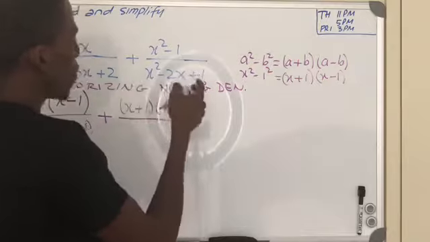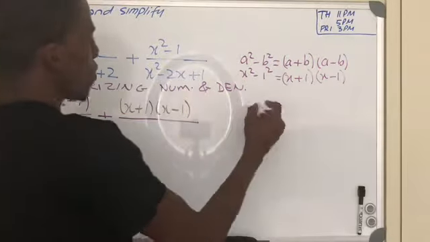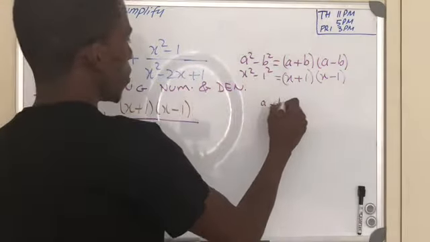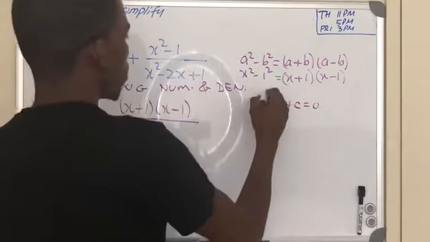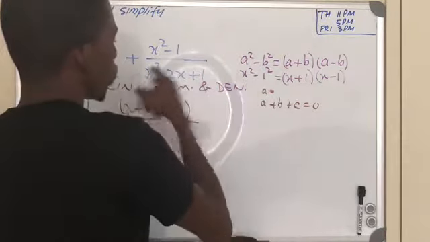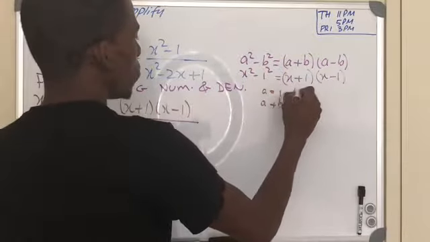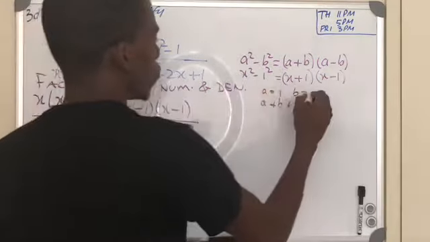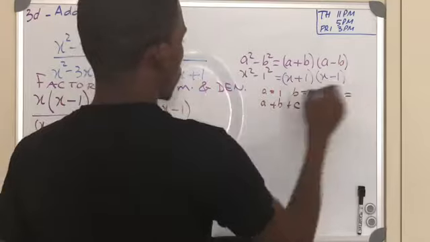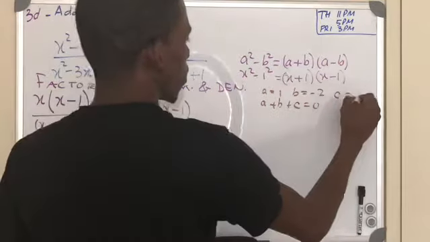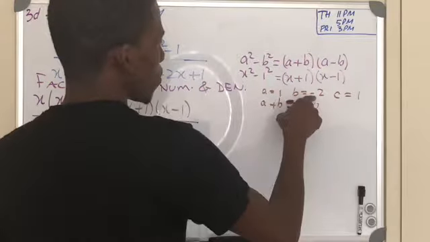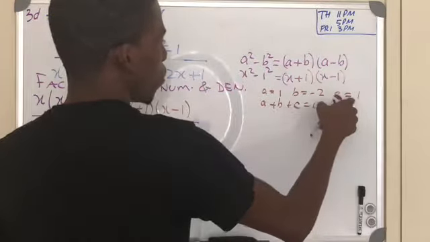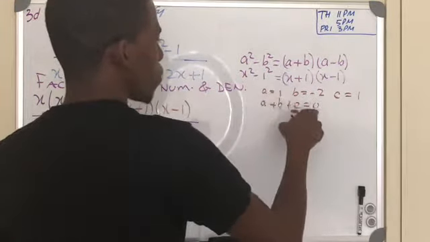I can do the same thing. If a plus b plus c is equal to 0, in this case a equal to 1 x squared, b equal to minus 2, and c is equal to 1. So a is 1 plus b minus 2 plus c: 1 plus 1 is 2 minus 2 is 0.